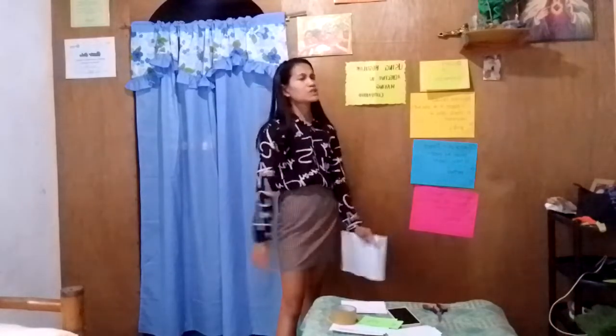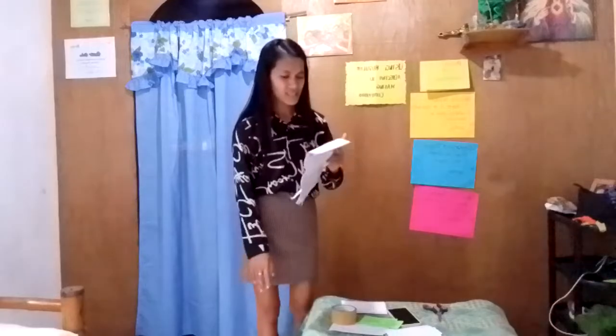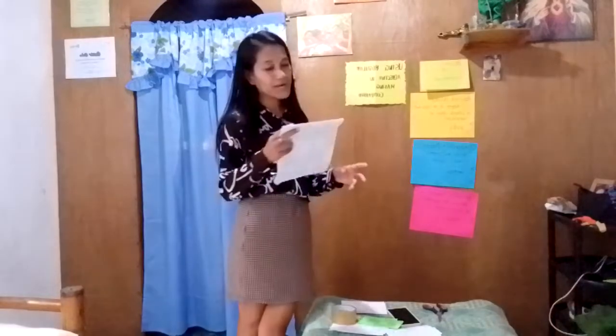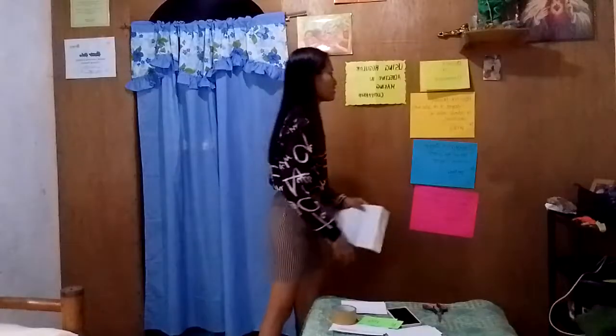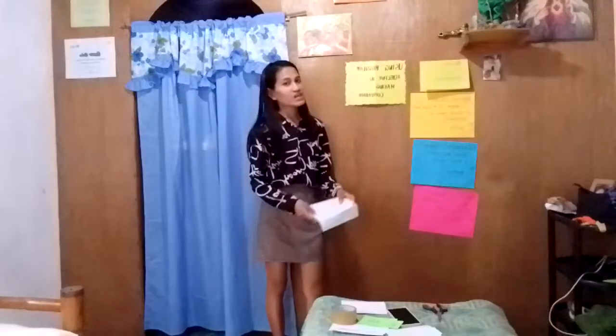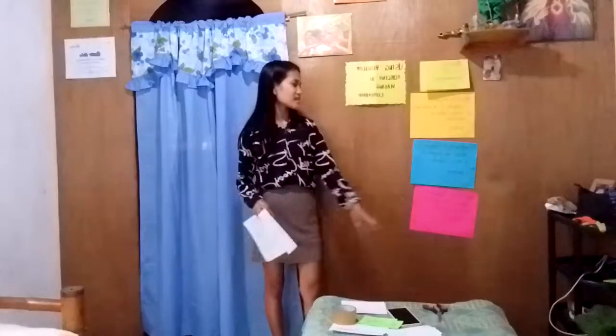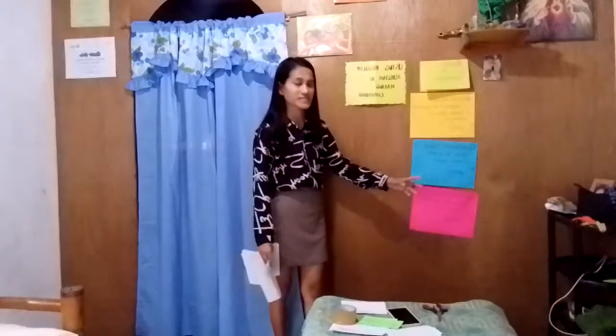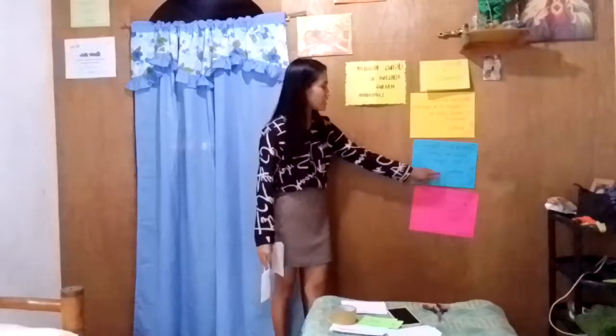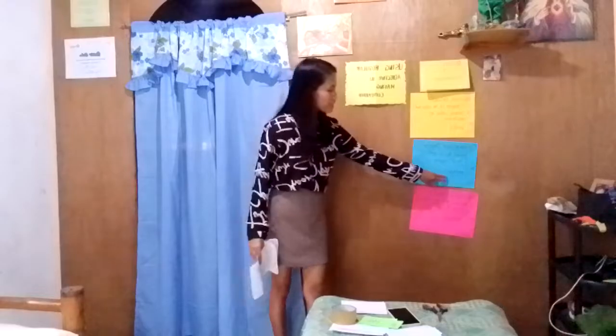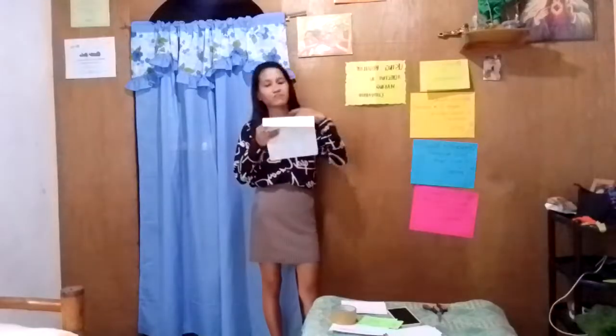Honest, more honest, and most honest. So what have you noticed from the 4 given examples? Do you notice that there are words we're going to add in the front or in the last of the words in the examples?